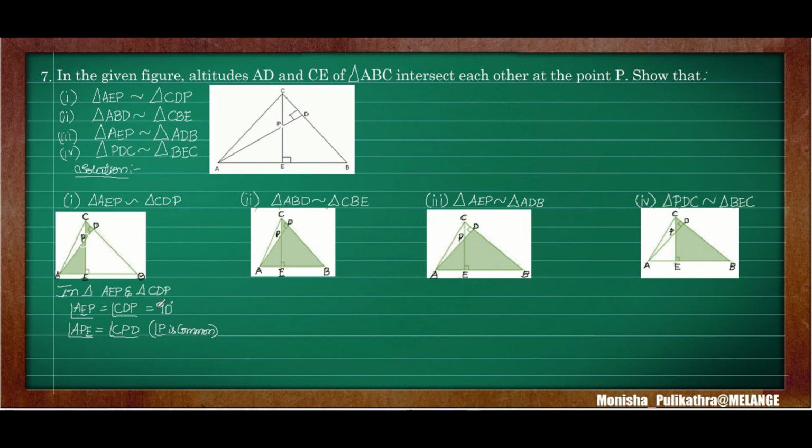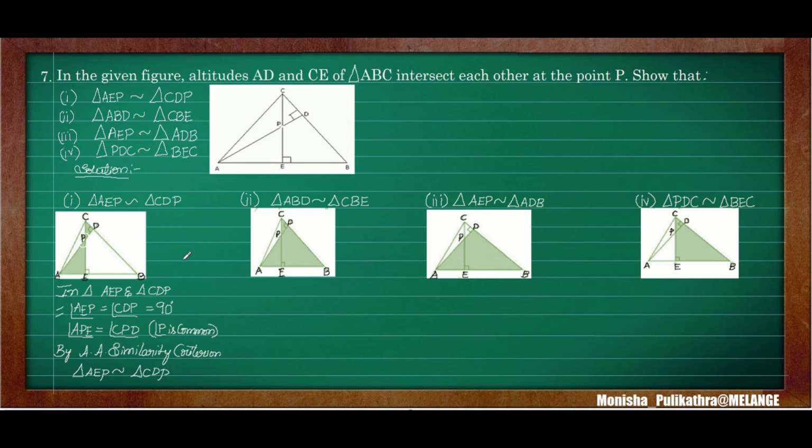These two angles are common, so by AA similarity criterion, triangle AEP is similar to triangle CDP. So the first one is proved.